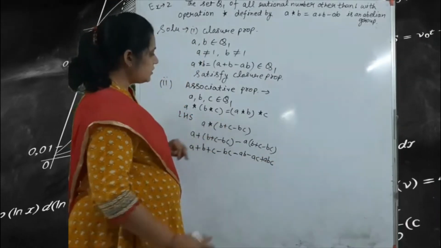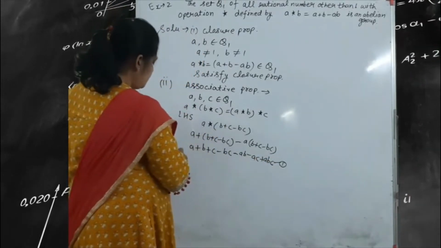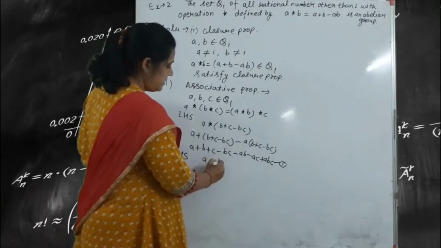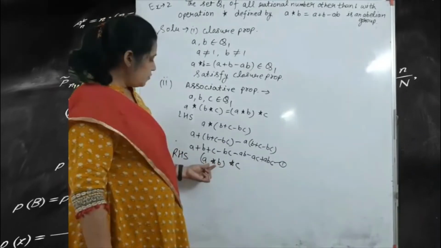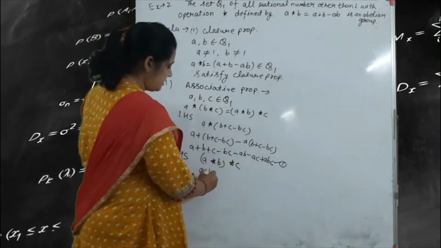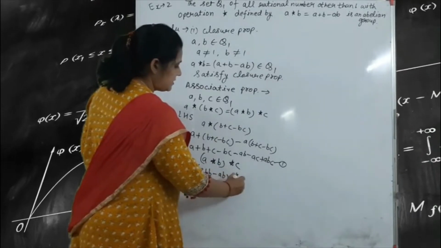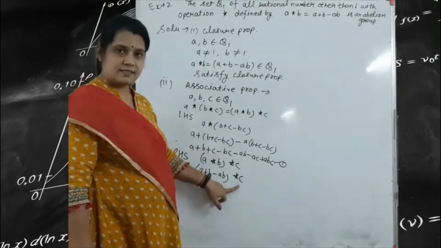Now according to your RHS, we write RHS equal to A star (B star C). First you open B star C, which is equal to B plus C minus BC. So this is your first unit and this is the second unit.